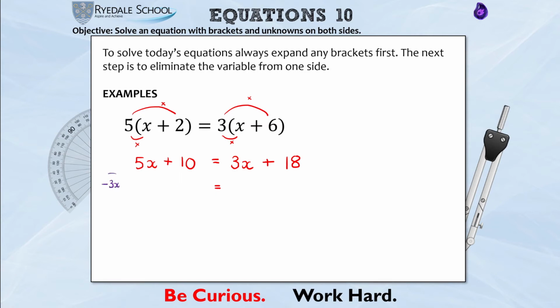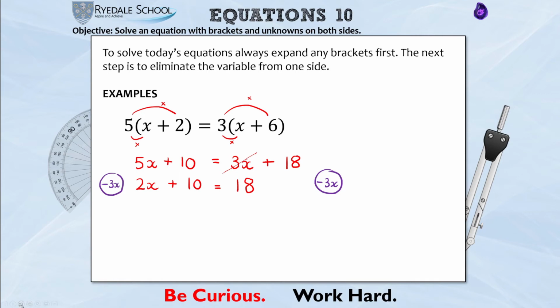So I'm going to subtract 3x from both sides of my equation. When I subtract 3x's from this side, I am left with 2x's and the plus 10. Remember, subtracting 3x's from this side gets rid of those 3x's. So we are left with 18. 2x plus 10 equals 18.